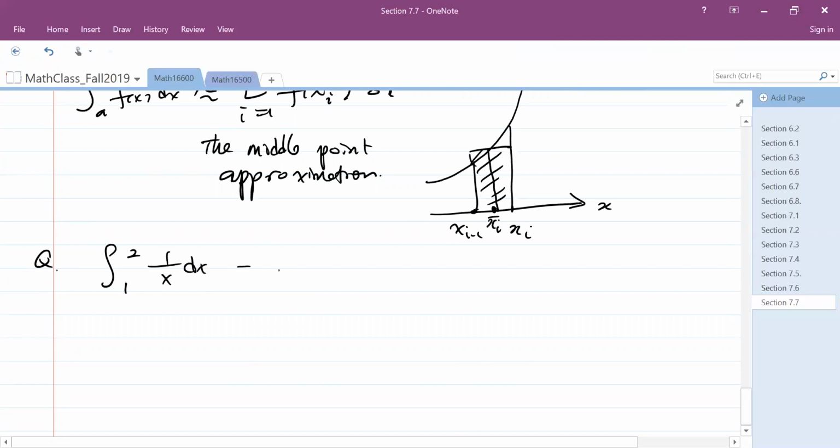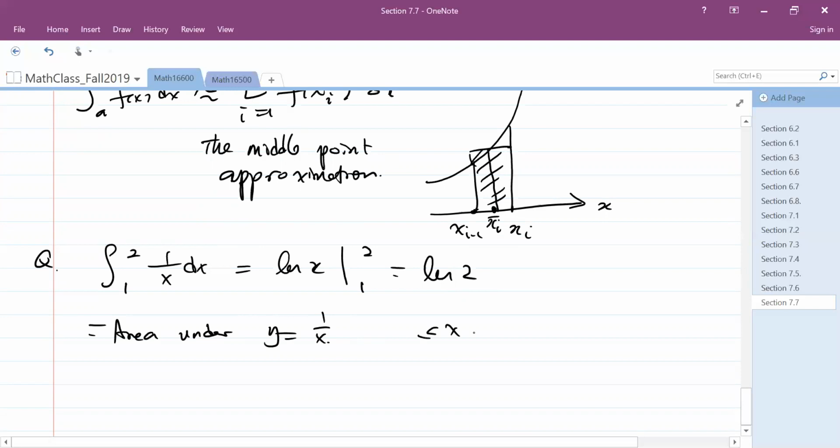We know this is natural log x, and that's natural log 2. But what is the exact value of natural log 2? Or rather, what is the approximation? This is the area of the region, the area under the graph, where x is between 1 and 2. If you draw the graph, it looks like that. Here's 1, here's 2. So that is the area.